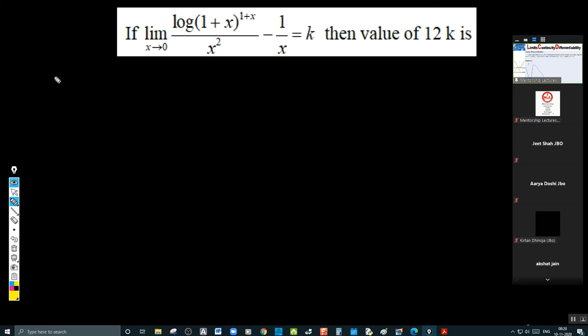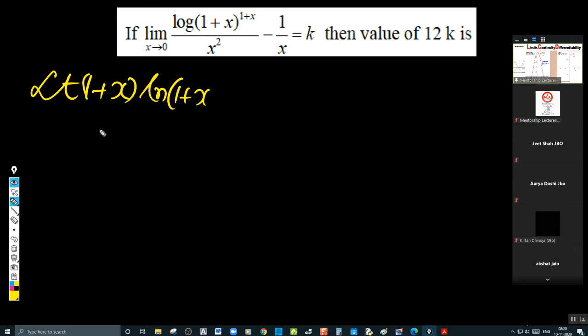Limit of, bring that 1 plus x out, (ln of 1 plus x minus x) whole divided by x squared.